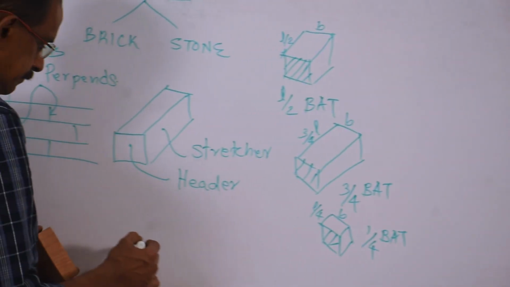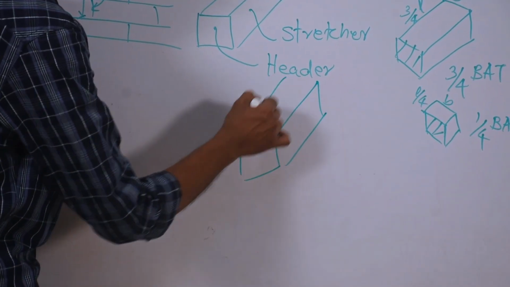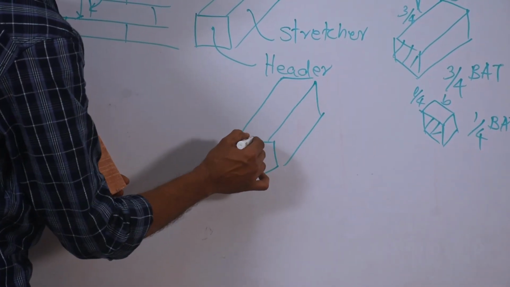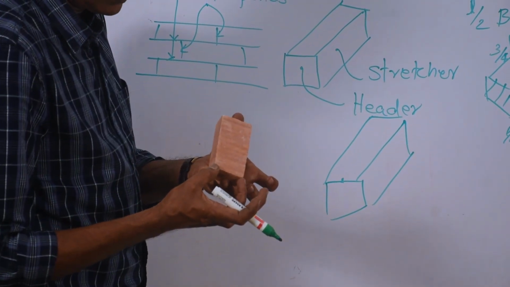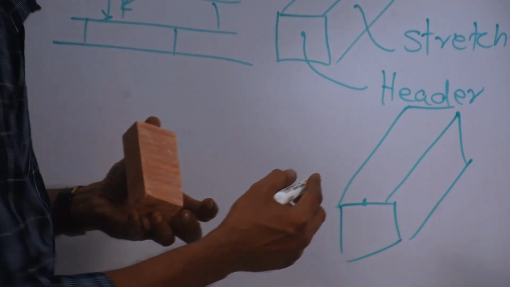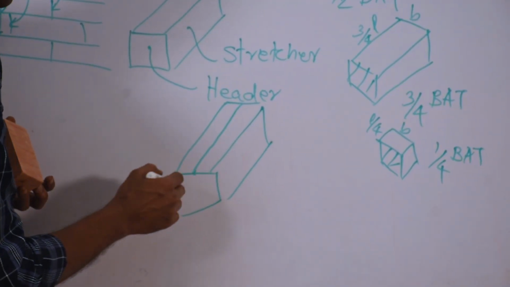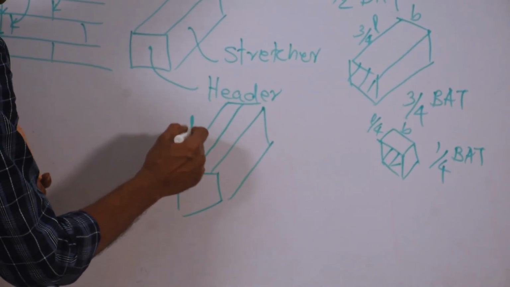Now, consider a full brick. Take width by 2, where this is the total width, and full length.